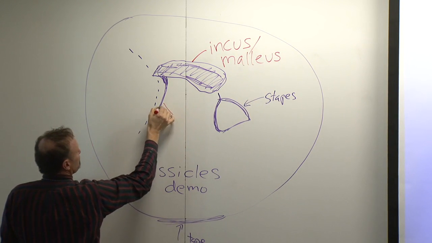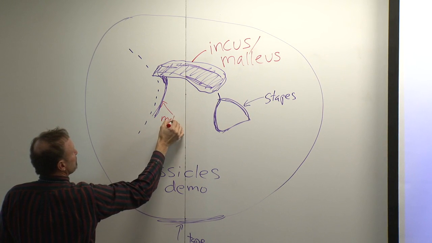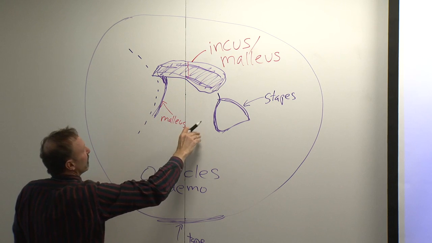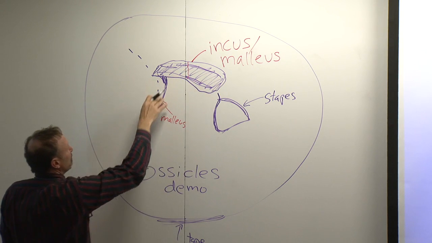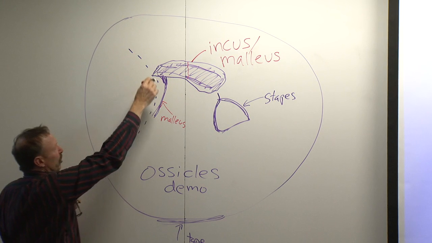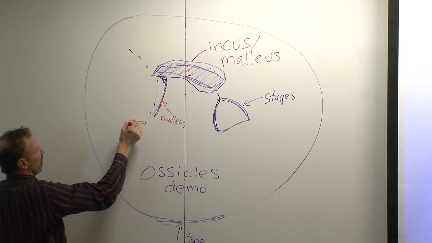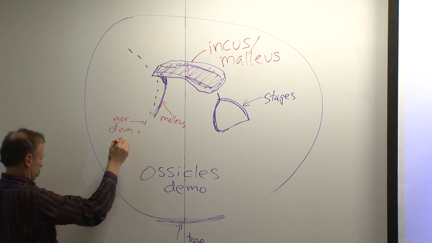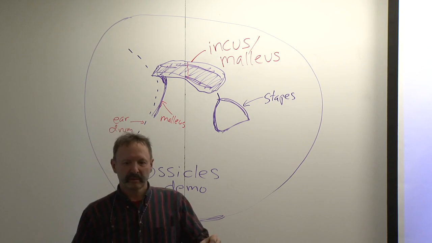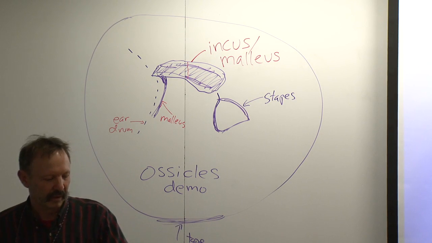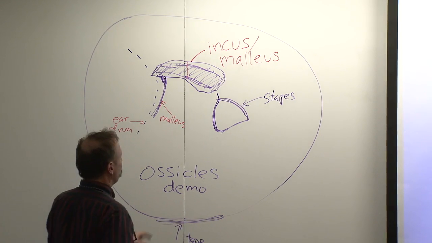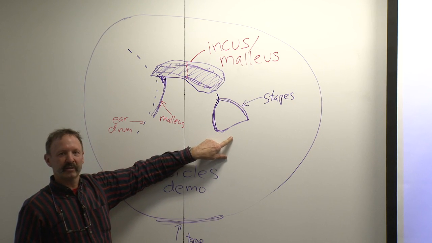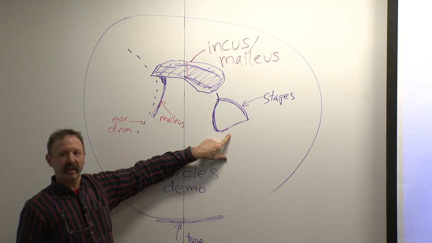This is definitely part of the malleus, but I don't know where the incus ends up and the malleus begins. And if you had an eardrum, it would be this dashed line here. Okay, so let me just pass these around. Thank you.